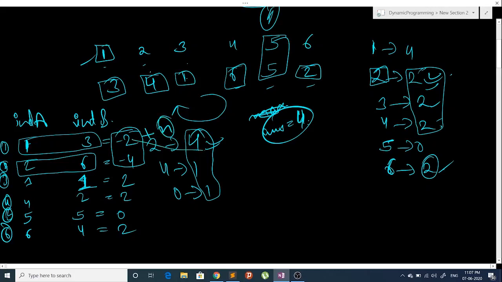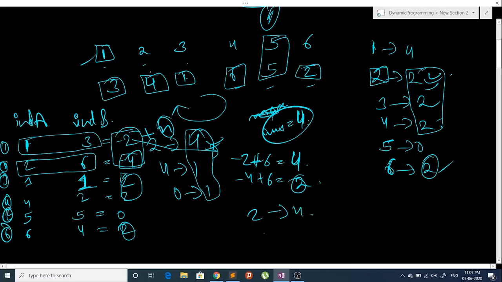So -2 will become -2 plus 6 equals 4, because negative means that the rotation is anti-clockwise, but we have to make it clockwise, so we just add n to it. And here -4 plus 6 will be 2. Now I can see that I get a frequency of 4 for 2, a frequency of 1 for 4, and 1 for 0. So my answer will be 4.